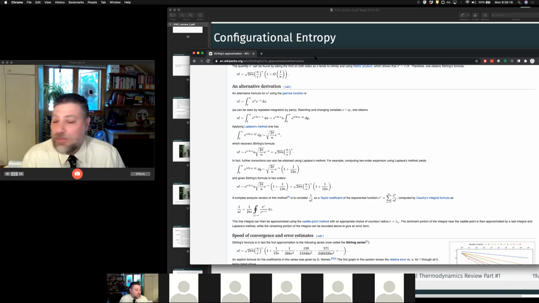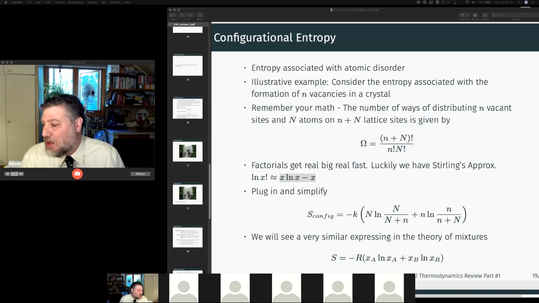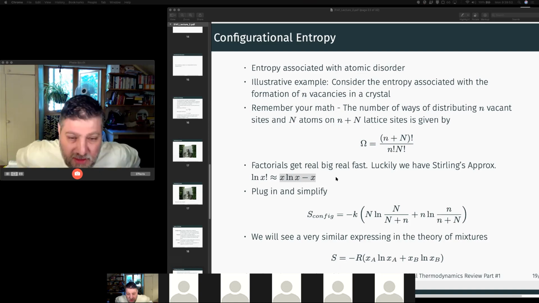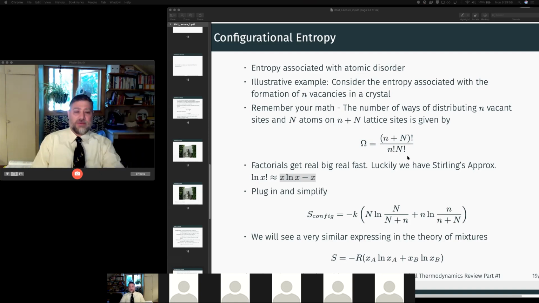There are other ways of deriving it. It's interesting to note that Stirling's approximation really only works well with large numbers. It's asymptotically correct, so it's really bad for small x. But once you're above, say, 10 or so, then it starts to work really well.